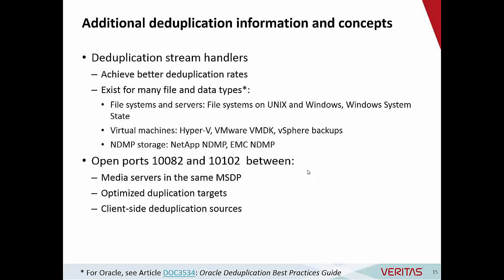You want them open for bidirectional TCP between load balancing media servers, between optimized duplication or replication targets, or between clients and media servers if you're doing client-side dedupe. If you're doing regular media server dedupe, you don't need these ports. If you're doing client-side dedupe, you do.